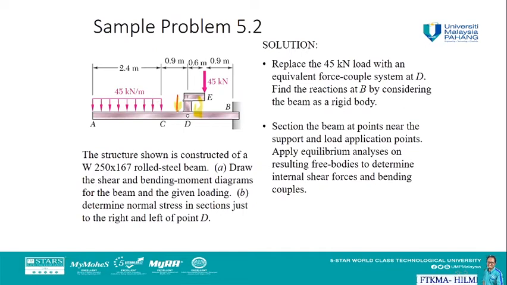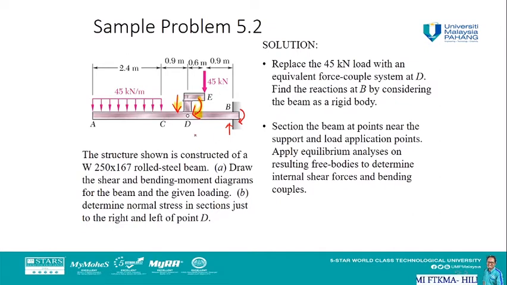So we need to represent it with an equivalent value, and then we are going to find the reaction force at point B, okay, by considering the beam as a rigid body. So here at point B, we are going to have also a reaction moment, and then we are going to section the beam at points near the support and the load application point.